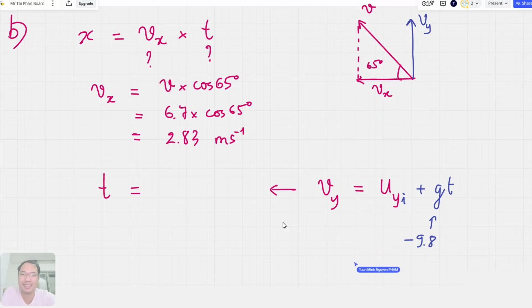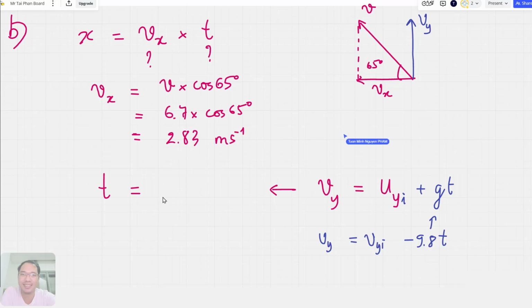So the final velocity is 0, starting from this equation: Vy equals Vy initial minus 9.8 times t. We can determine this time.